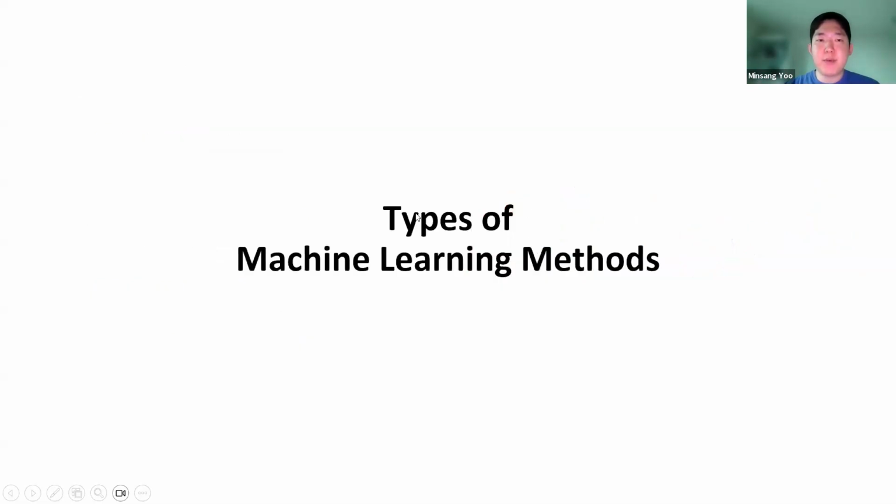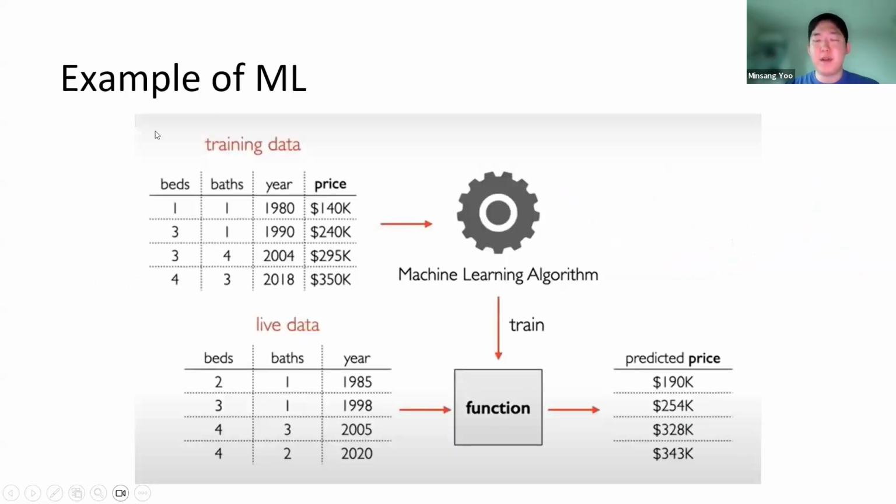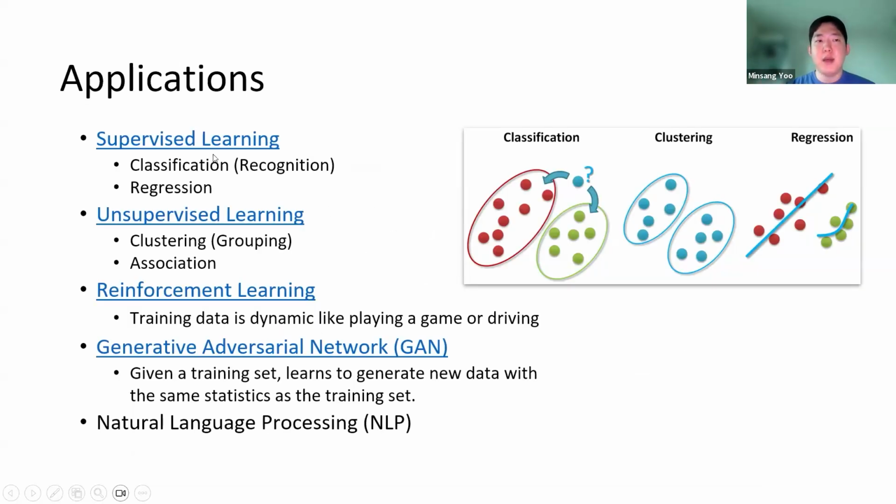In our previous example, we have training data with the actual result, the prices in this case. So in supervised learning, we give data that has a label, like the actual prices, so that it's going to learn from it and then give you a result.